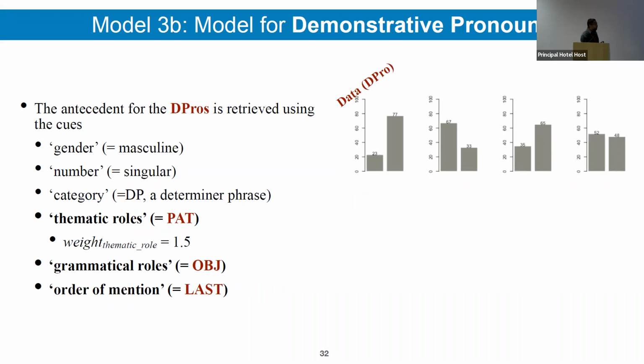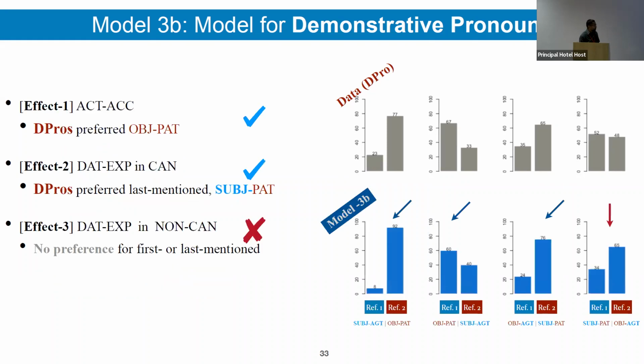Our idea is that since these two pronouns have this complementary distribution in terms of antecedent, the model should also explain the data for demonstrative pronouns. It does capture effect 1 and 2, but effect 3 is not really captured. The data shows no preference between the two references, but our model showed a preference for reference 2.